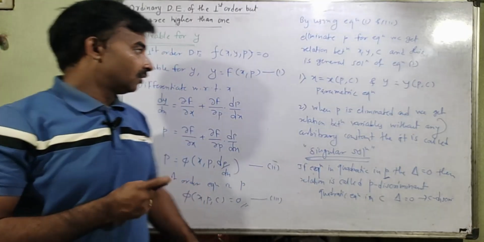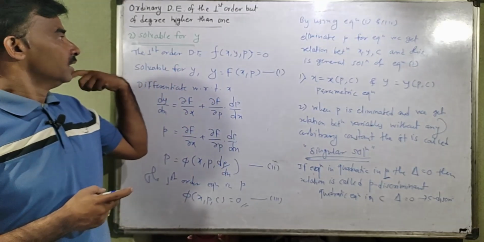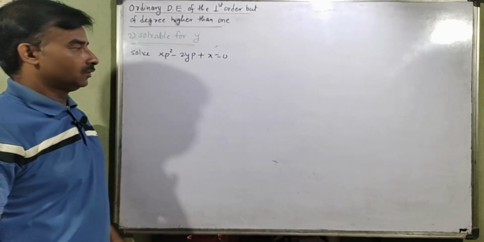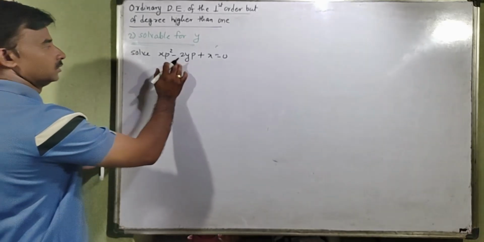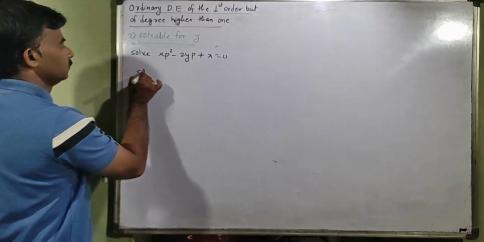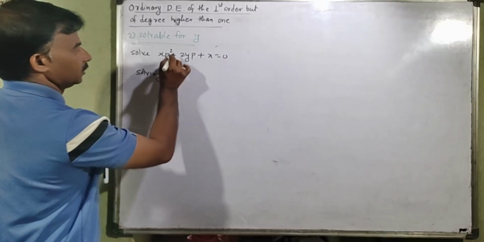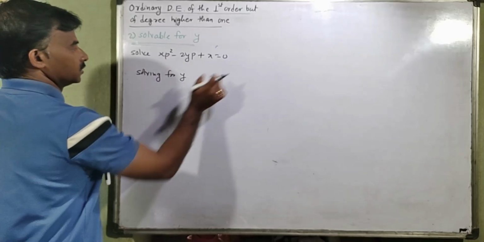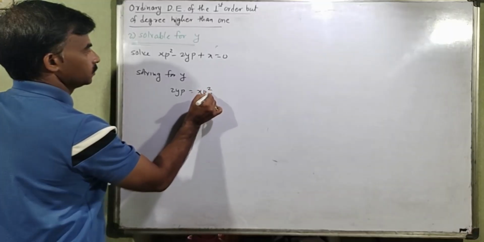Okay, how it works, we go with one example related with solvable for y. Solving for y, we just take the value of y. That means the minus term is taken to the other side as plus 2yp is equal to xp square plus x.